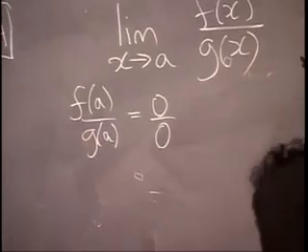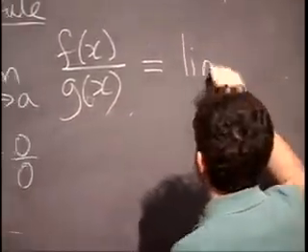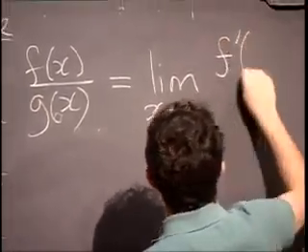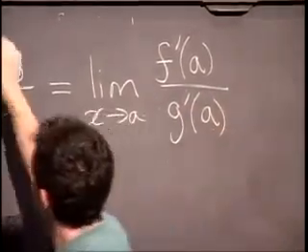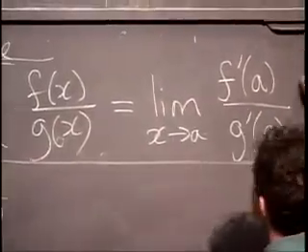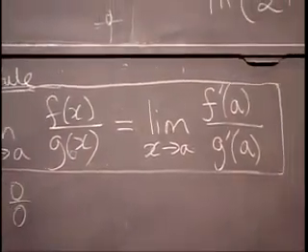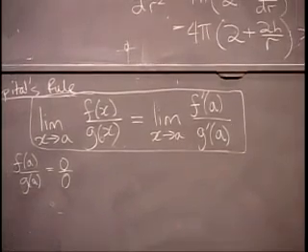If you have this, then this is what L'Hopital's rule says. It says that instead of the original f over g, you can just differentiate the top and the bottom separately. No quotient rule here.